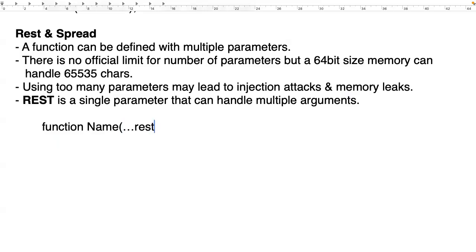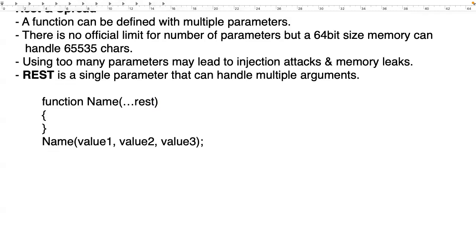You can give any parameter name. So what does this mean? Into that name, you can pass multiple arguments: value 1, value 2, value 3. Now all these values are handled by only one parameter.